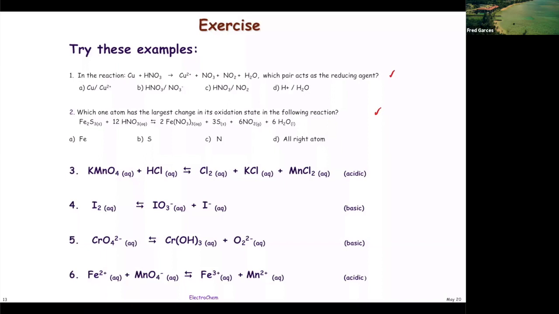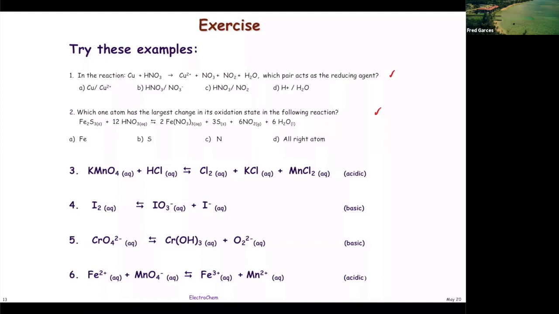So by balancing the two half reactions, you will automatically figure out which half is the oxidation and which half is the reduction. And remember, when you split the reaction, you have to have both. You have to have electrons in the product and electrons in the reactant. Only then, when you add the two, will the electrons cancel.